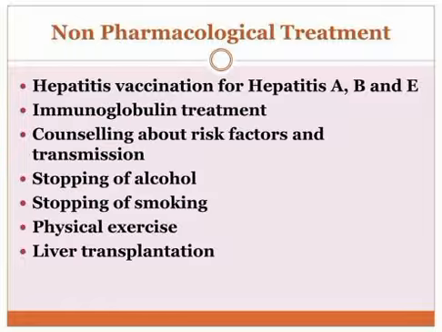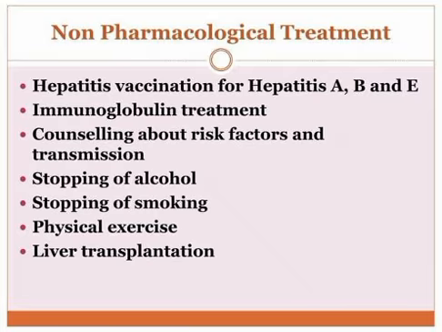Next will be the non-pharmacological management. In the non-pharmacological management, we have to give the hepatitis vaccination for hepatitis A, B, and E. Next will be the immunoglobulin treatment, and we have to give counseling about risk factors and transmission. We have to stop alcohol consumption and stop smoking.